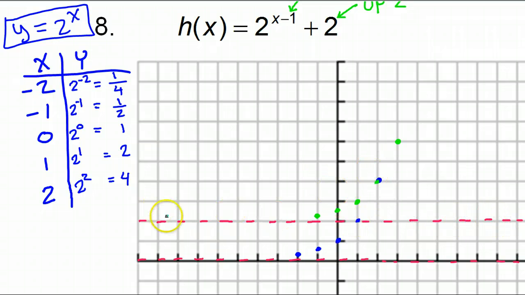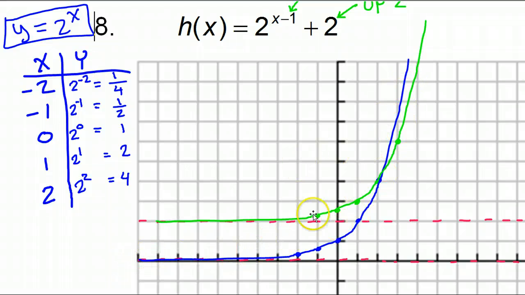Alright, so let's just draw the curves. So there's the parent function. So there you go. The green function is the real function. So one more time, what do we need here? This is clearly increasing, which we knew because the base is bigger than 1. Increasing.